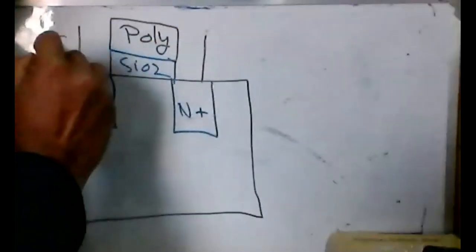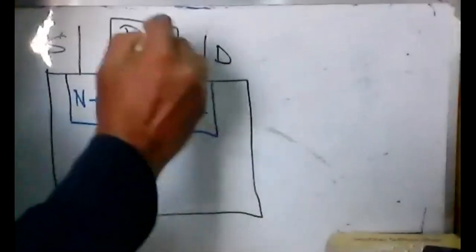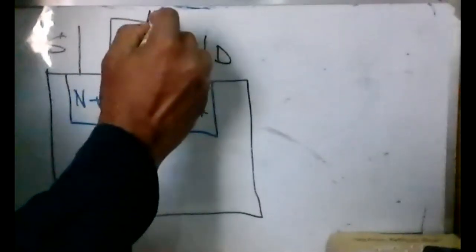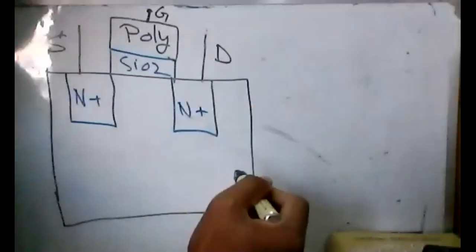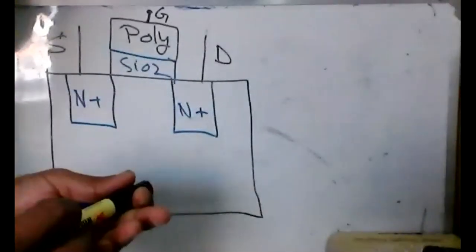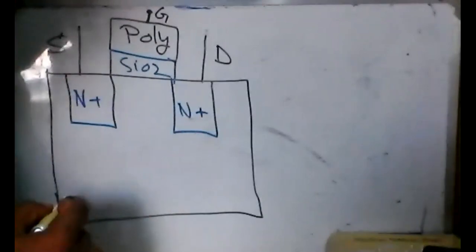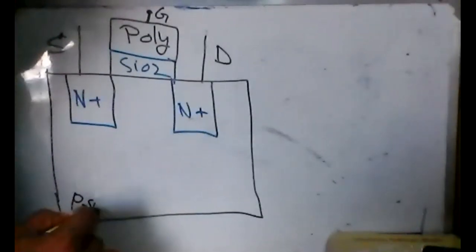So now let's say this is the source, this is the drain, and this is the gate. What we said last class: this is N-type, and this is a P substrate.